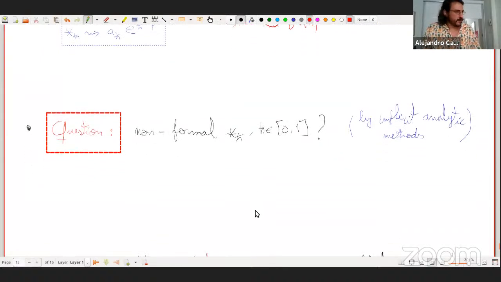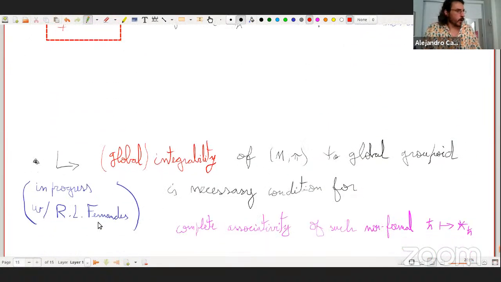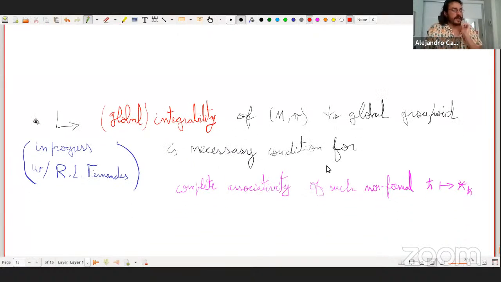The last thing I'm going to mention is an ongoing project with Rui Fernandes. It's about integrability. So far I was only using local groupoids, but I also mentioned that there might be a problem of extending these local groupoids to a global groupoid. So what's the role of that integrability property with respect to quantization? It seems that it has to do with non-formal star products.